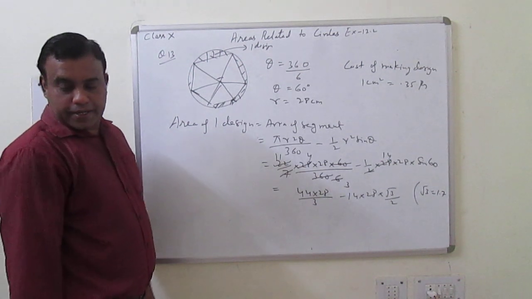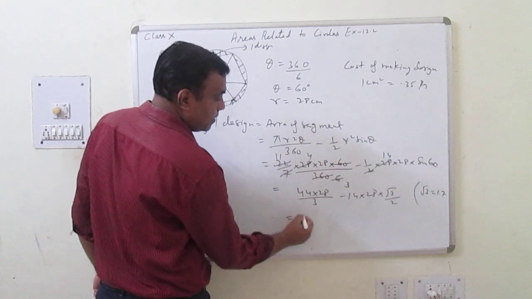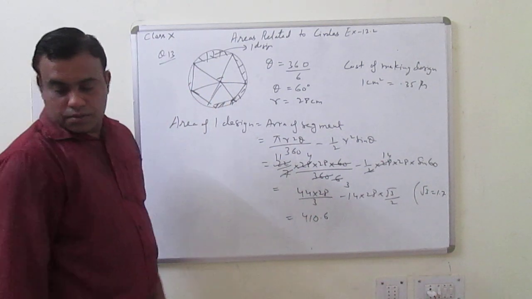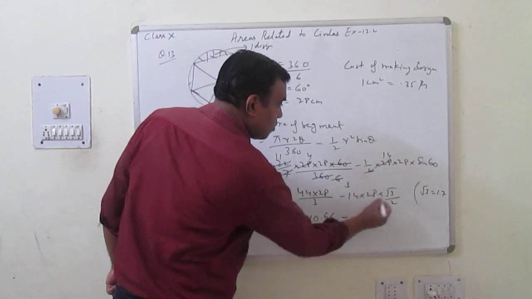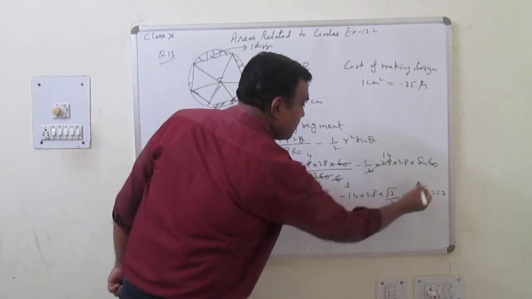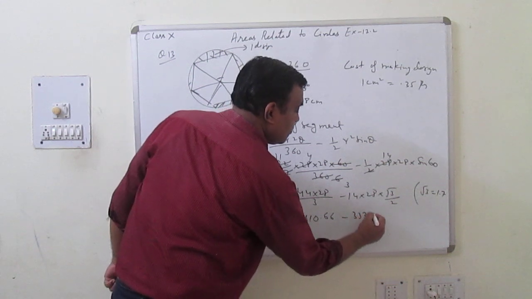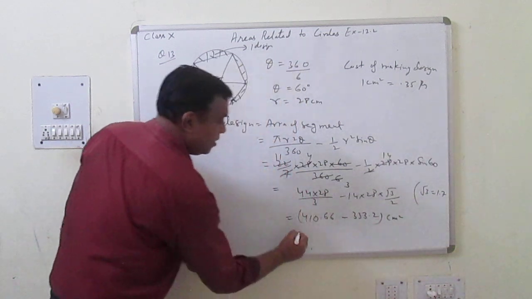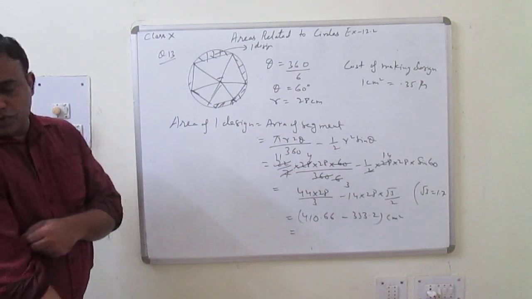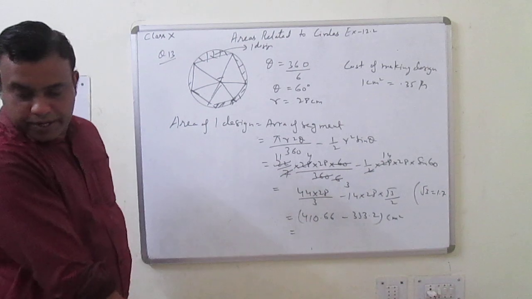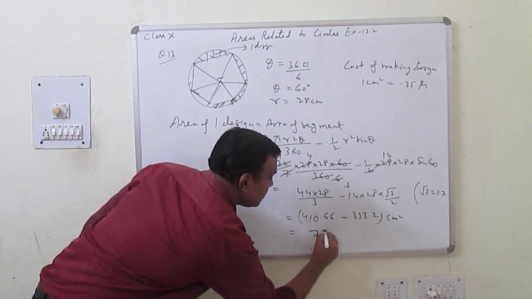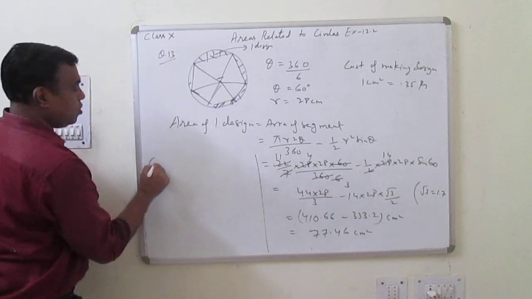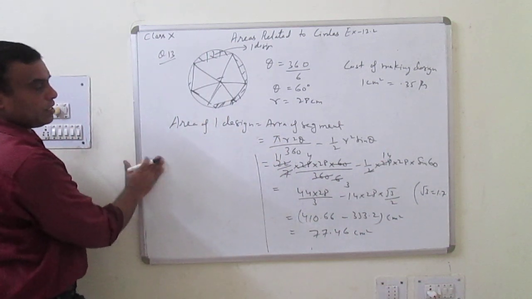If we solve it, we will get 410.6, and solving the other with √3 as 1.7 you will get 333.2 centimeter square, and finally subtracting, you will get 77.46 centimeter square. So this is the area of one design.